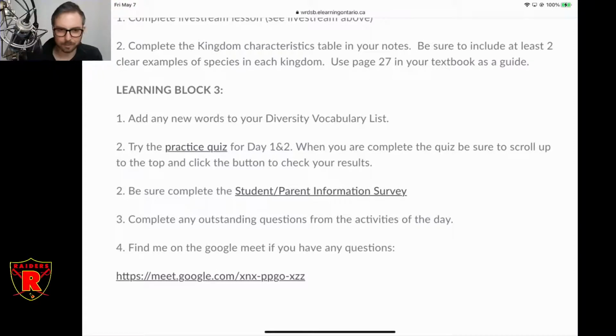Before I send you off, are there any questions that people have in general about the content before you get into making your own dichotomous keys and assessing a cladogram? And I realize, by the way, that this is a lot of stuff. So this is normally a week of content in this course. But in order to meet the timelines of this strategy, doing a full course for a day, I have to take that information and condense it into a much smaller time period in order to make things work.